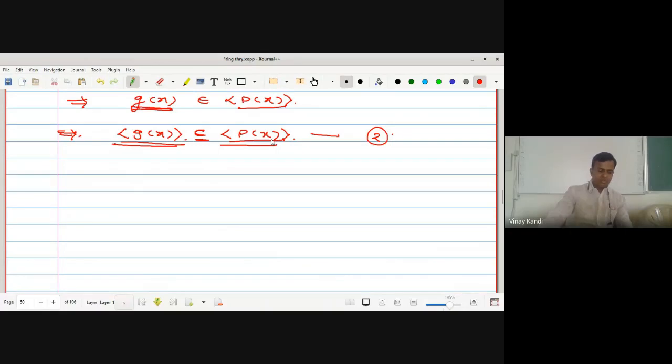From equation 1 and 2 we can say that ideal generated by g of x is equal to ideal generated by p of x.